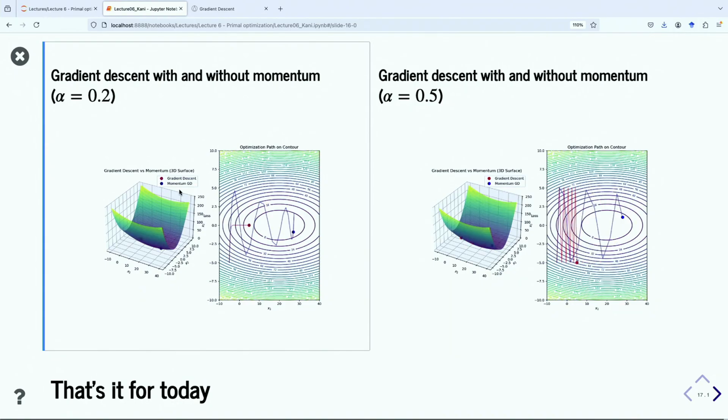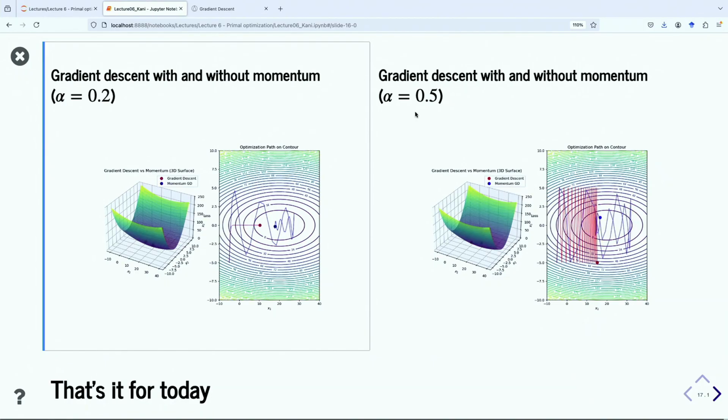The one with momentum starts off going the same direction, but when it gets to this inflection point, the velocity kicks it up, and then it keeps going. The velocity accumulates, and then you get a much faster trajectory to the minima. That's when the learning rate is 0.02 and the momentum is 0.09.